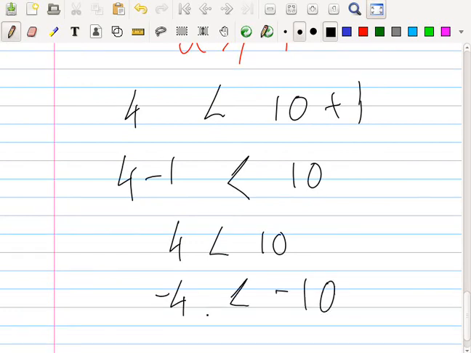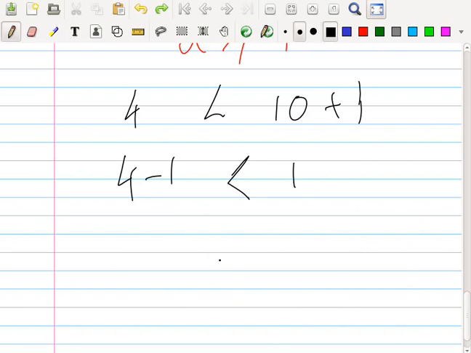No, it's false, because minus 10 is further to the left on the number line. So minus 10 is smaller than minus 4. So now this is false. Okay? So you're allowed to bring positive and negative over to each side when you're adding or subtracting, but when multiplying or dividing comes into play, it flips the sign around. It flips the inequality around.